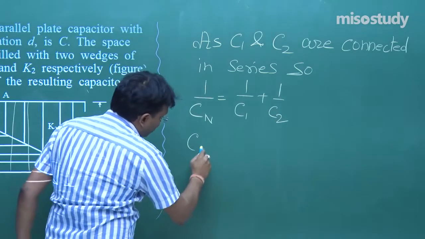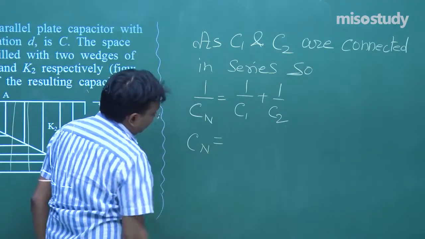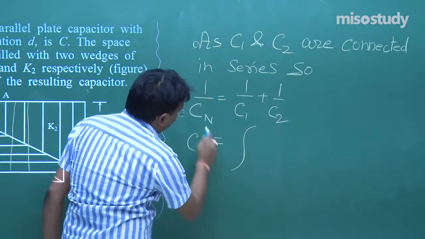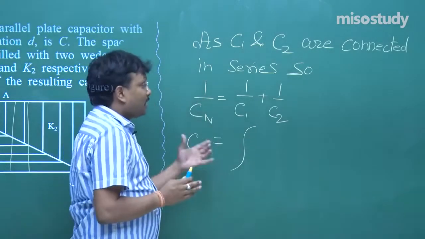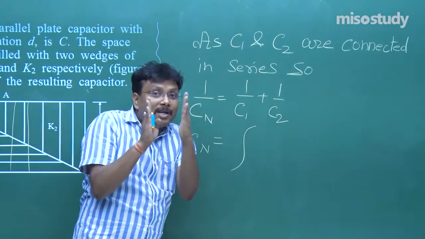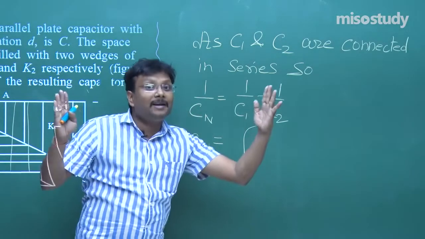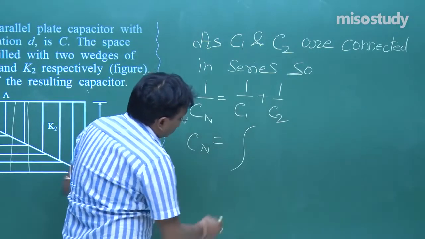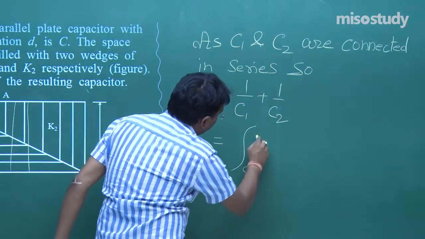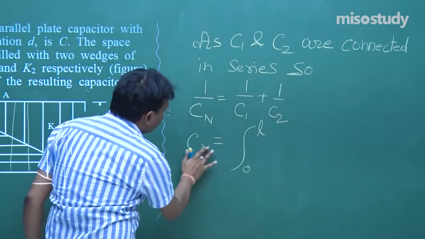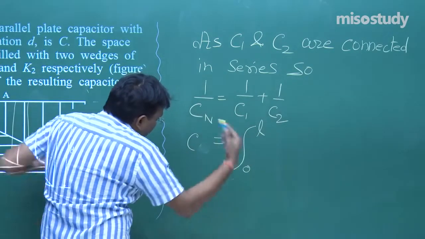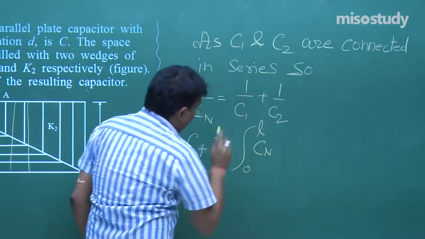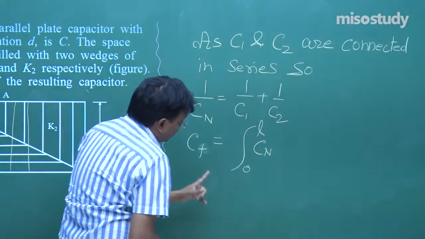So finally C net, I am writing it as an integral just because this is what I will get for that small strip dx. So we have to expand it, fine. Let us give it a different name, C final, which is the integral from 0 to L of C net. And what is the expression for C net?